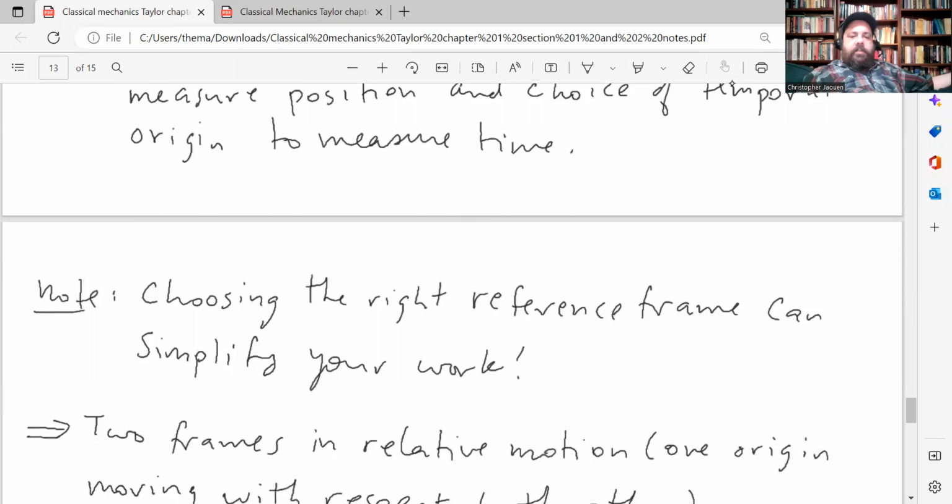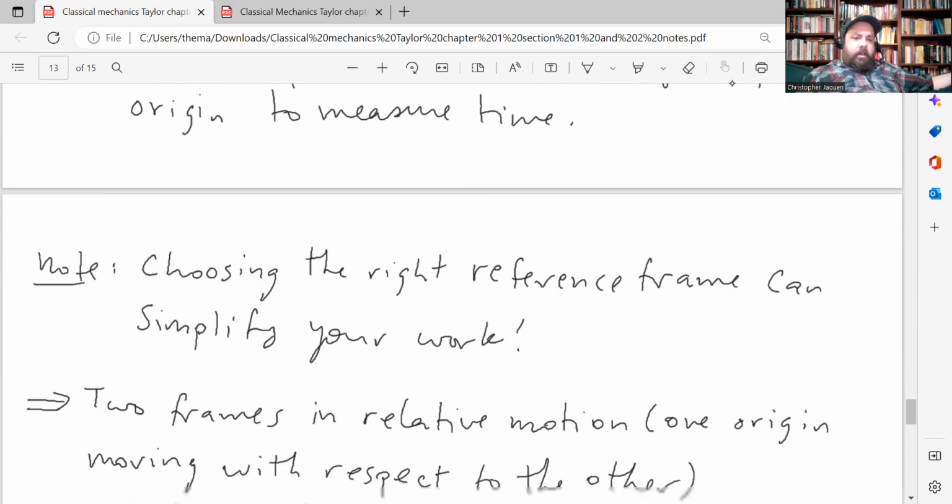And then he says here that choosing the right reference frame can simplify your work. Actually, in some of the problems that we will do in the exercises, involving dot product and cross product, you choose a convenient coordinate system to make the proof a little bit easier.